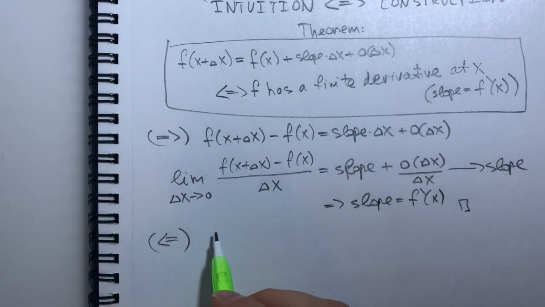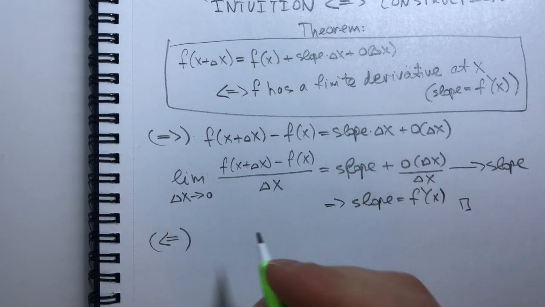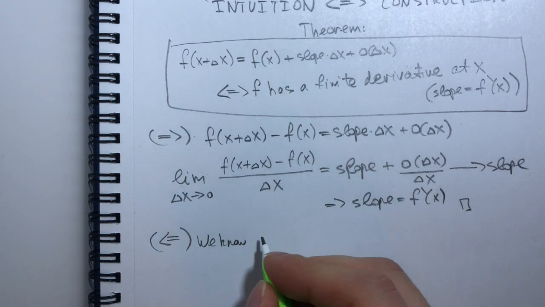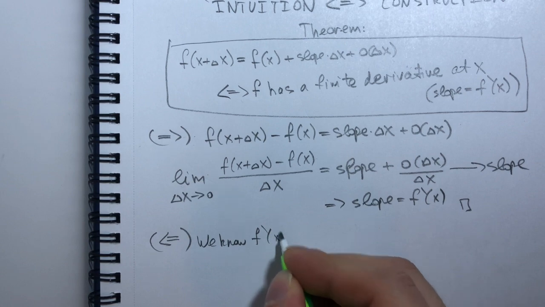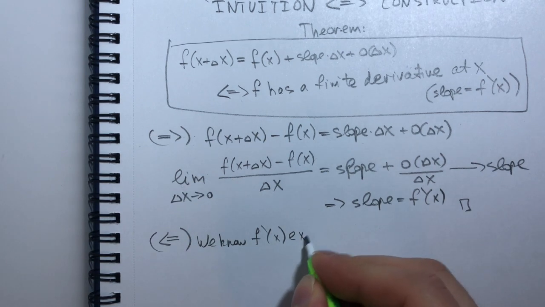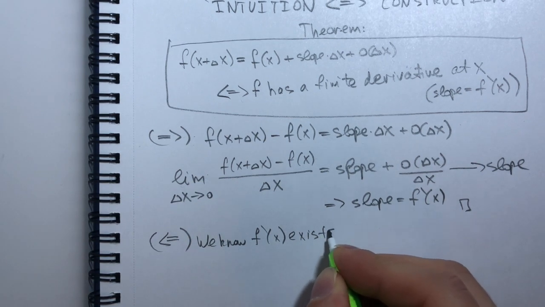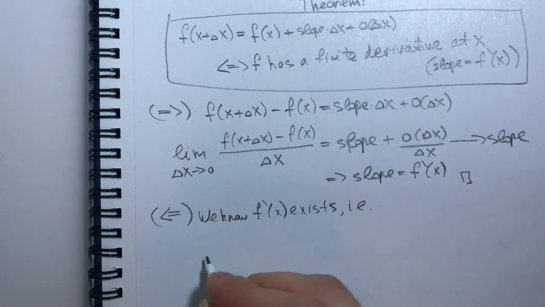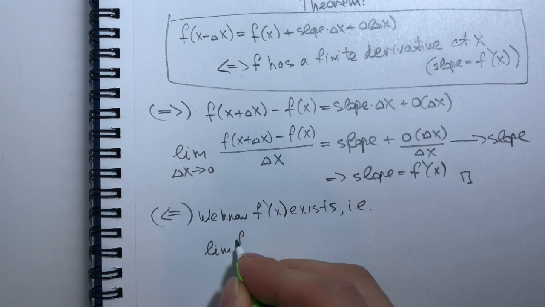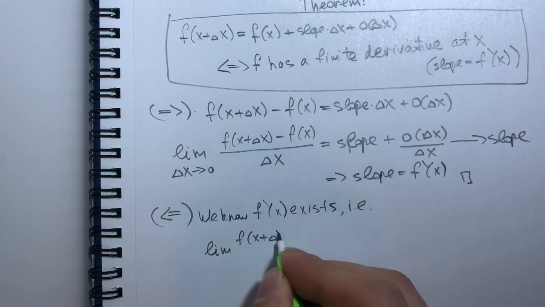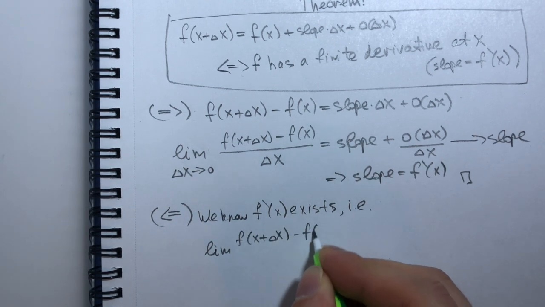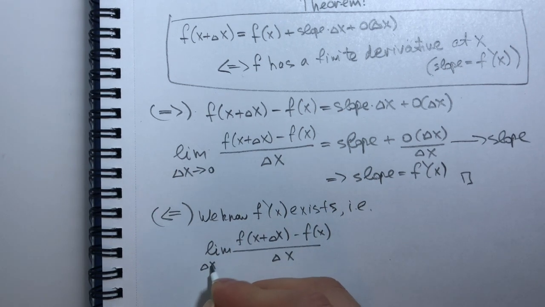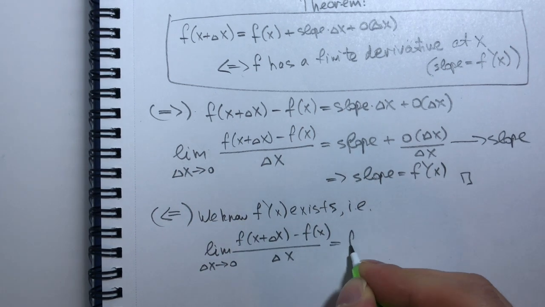Let's begin the other direction, and I will let you finish it. So we know f prime of x exists. So by definition, we know that the following limit exists.